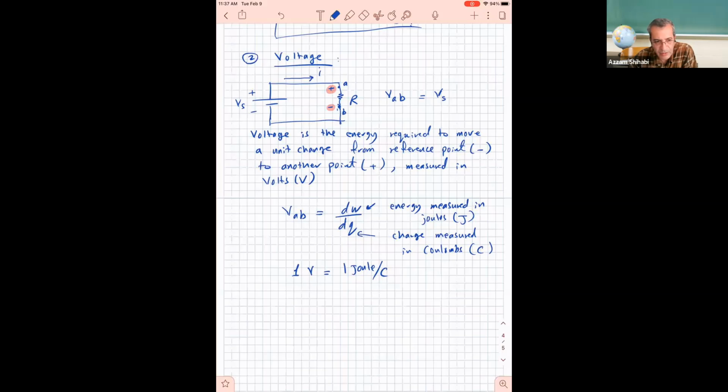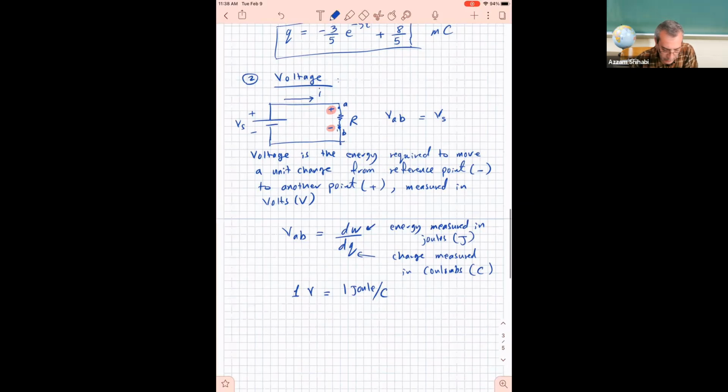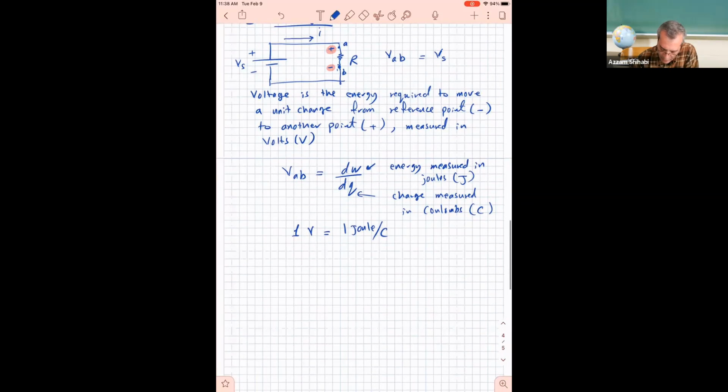The element's going to either supply energy, like for example, in this simple circuit, the battery is supplying energy, enabling a current to flow through the circuit. But the resistor at the same time is absorbing power or absorbing energy. So we need to define power. Let's talk about power.